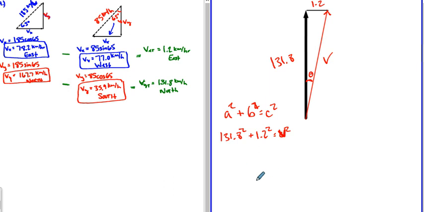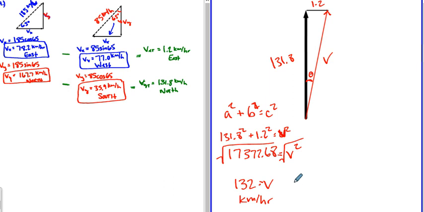Let me do that calculation. 17,372.68 equals velocity squared, so I just take the square root of that. We've got three significant digits on these, so I'm going to say 132 kilometers per hour. And that's a speed. Great, that's how fast you're going.